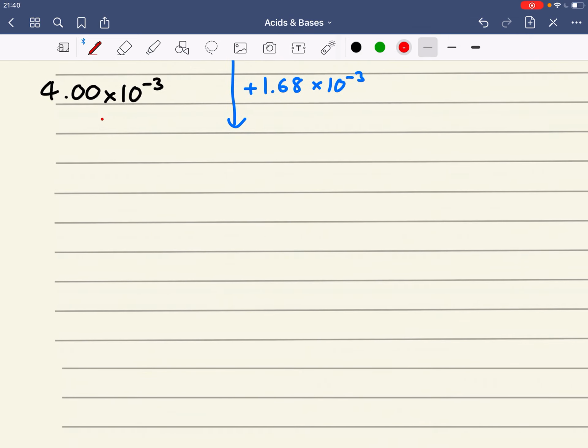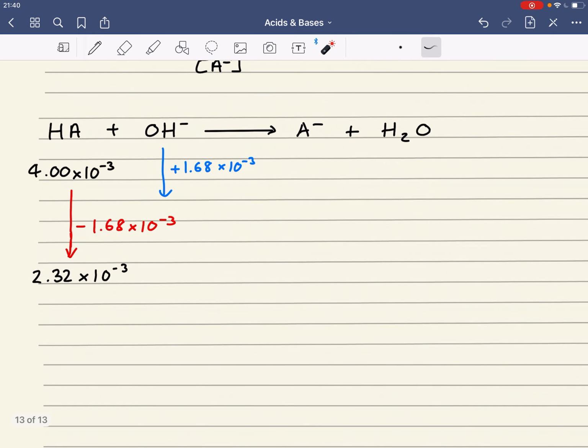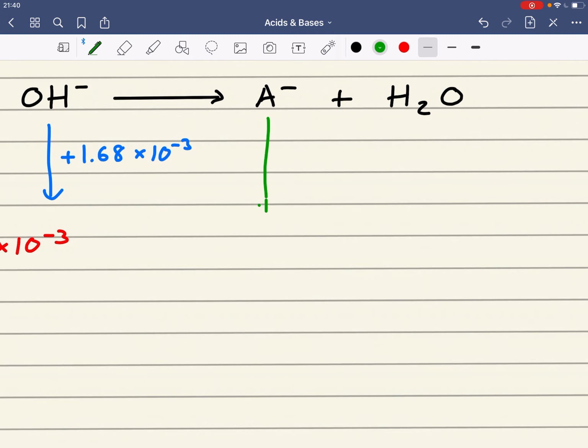So the moles of HA are going to go down by 1.68 times 10 to the minus 3 moles, and that's going to give me 2.32 times 10 to the minus 3 moles of my HA. Now, for every mole of HA which reacts, a mole of A minus forms. So this is going to increase by 1.68 times 10 to the minus 3.